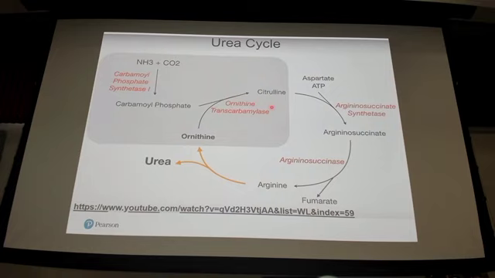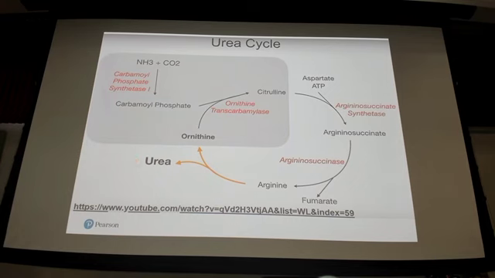Citrulline then will leave the mitochondria, enter into the cytosol of the liver, interact with ATP and aspartate to produce argininosuccinate. Argininosuccinate will then become arginine, releasing fumarate. Where are we seeing fumarate? The TCA cycle, right. So then that arginine will then be converted to urea, which will travel to the kidney.